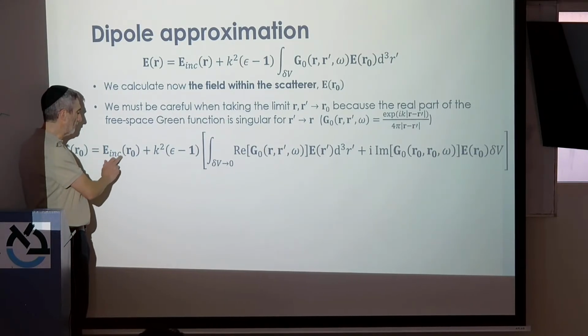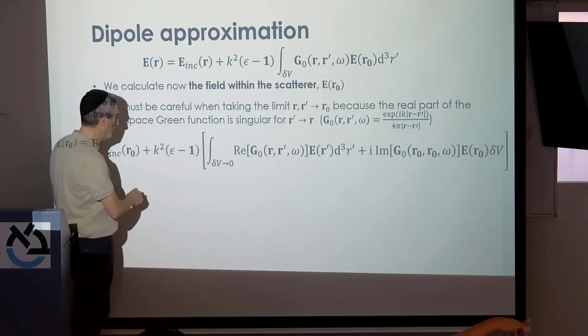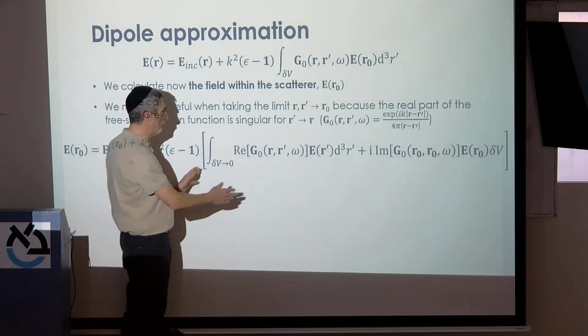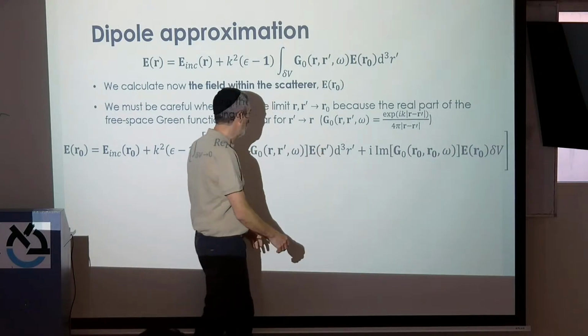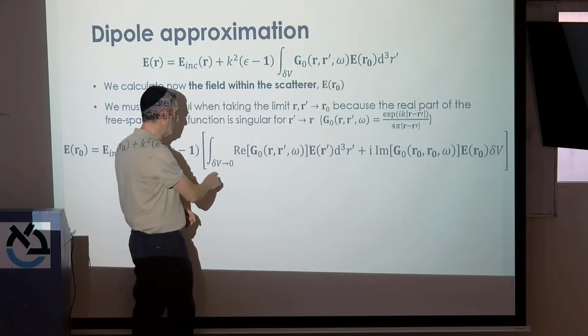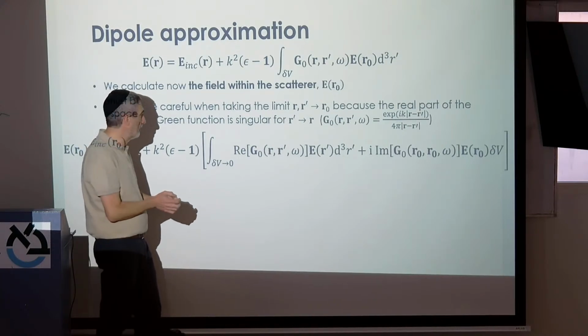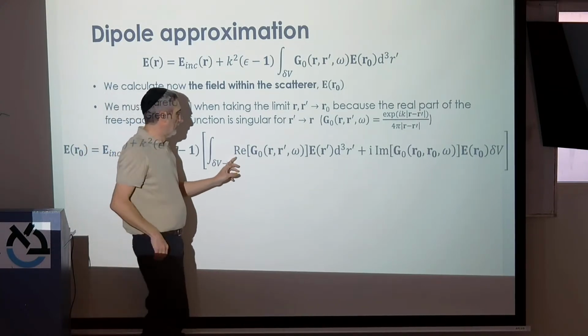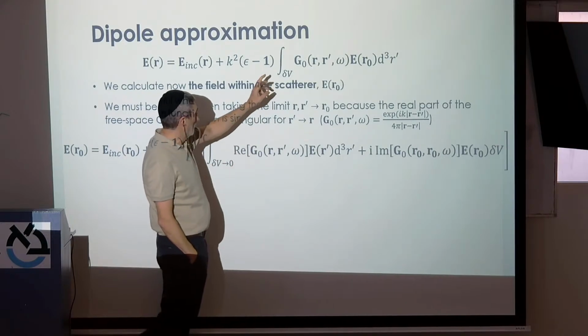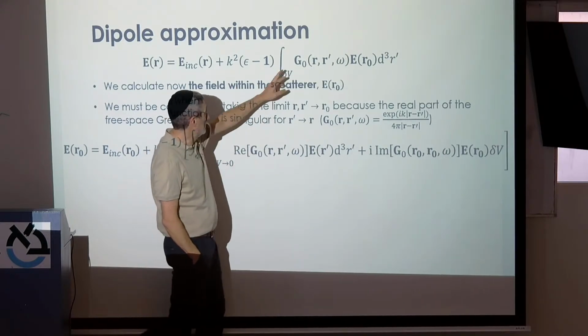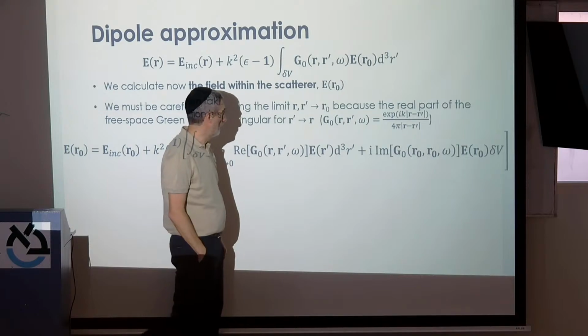So this is the incident field at the singularity plus k squared (epsilon minus 1). Then you have the real part and the imaginary part. For the real part, I keep the integral here over a volume that shrinks toward the singularity, the real part of G0 E R prime.